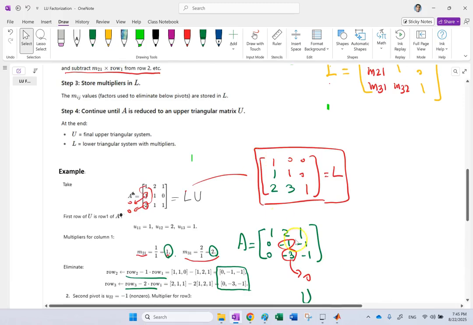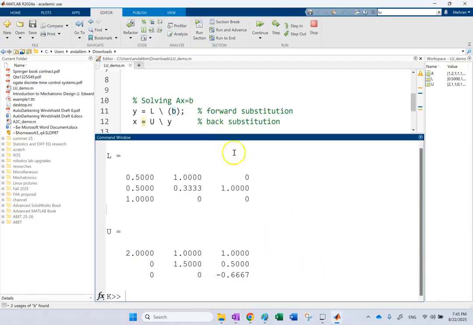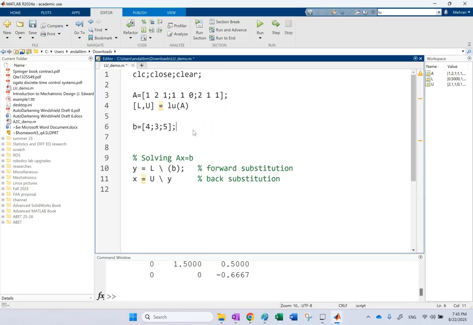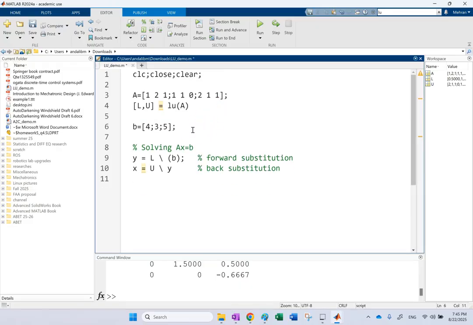One, let me show you that in MATLAB first. So here I'm going to apply to that same A matrix that I had, I'm going to apply this version that has P in it. Okay, so by the way, you might say, with that permuted L and U, can you use the backslash operator to solve for a system of equations like AX equal B?